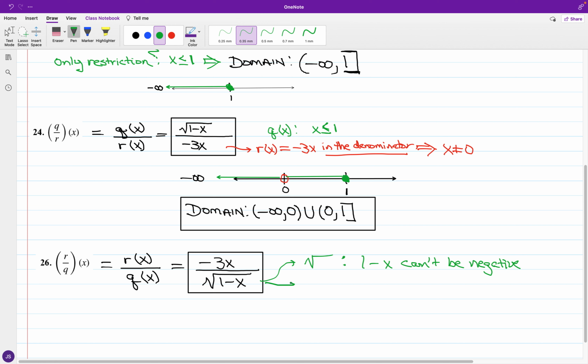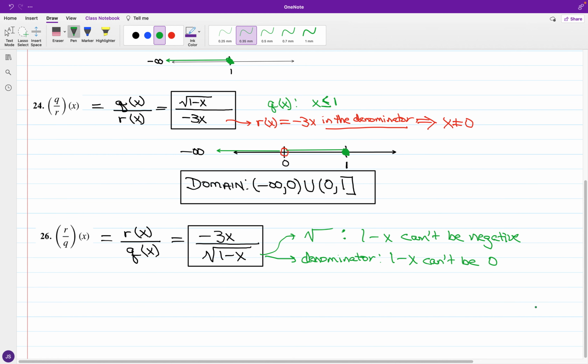And also because 1 minus x is in the denominator, we have the added twist now that 1 minus x cannot be 0. It could be when it was in the numerator, but with it in the denominator, we have this added twist. So 1 minus x cannot be negative, it cannot be 0, so that means that 1 minus x has to be positive.